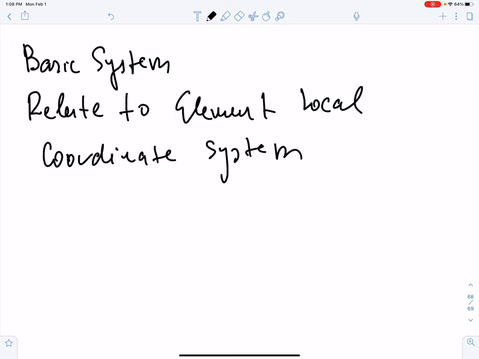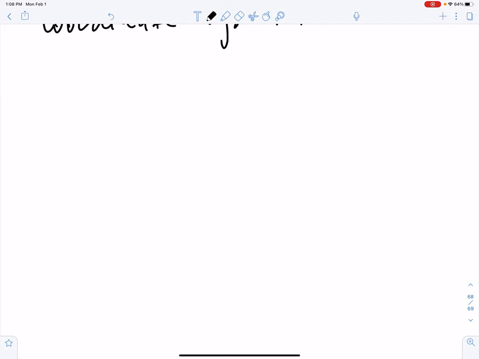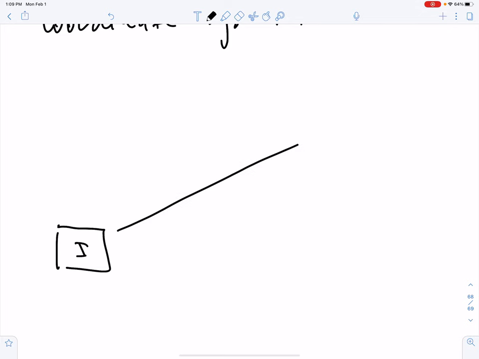Right. So what we'll do, okay, is I will write the element, okay, in a local coordinate system. It's ij. Okay.